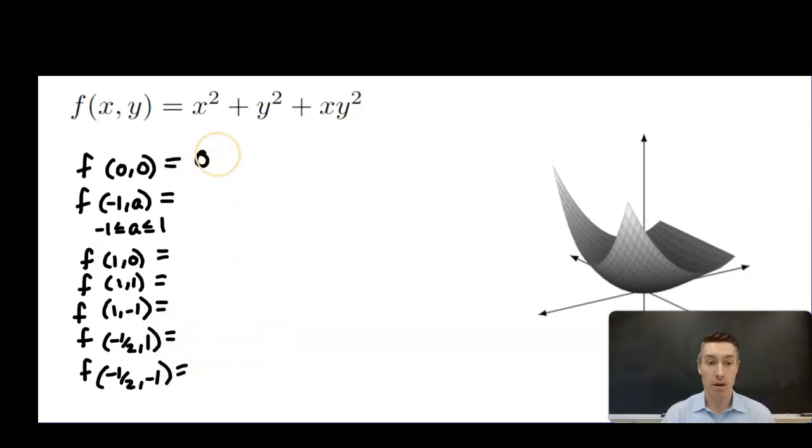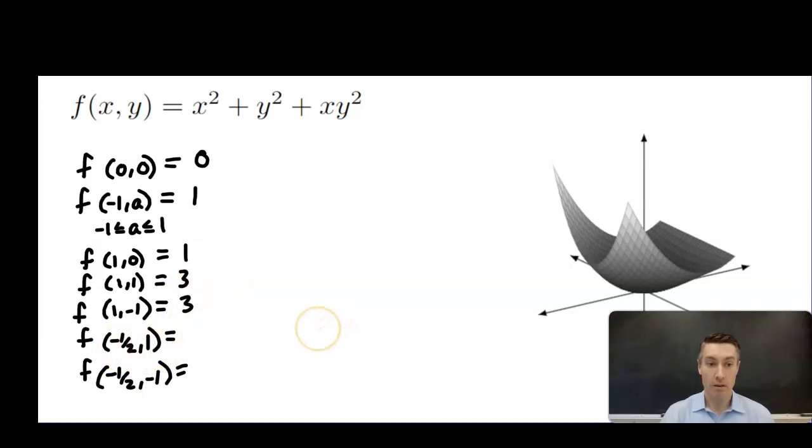So at 0, 0, we get 0. At -1, a, we'd get 1 plus a squared minus a squared, so that's just 1. At 1, 0, we get 1. At 1, 1, we get 1 plus 1 plus 1, so that's 3. At 1, -1, we'd get 1 plus 1 plus 1, so that's also 3. -1/2, 1.